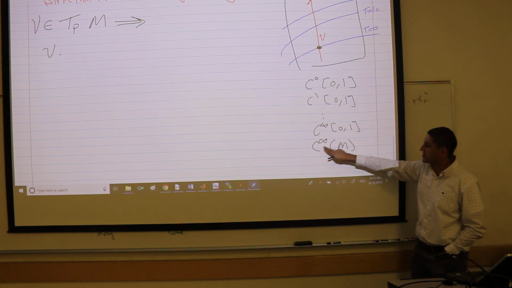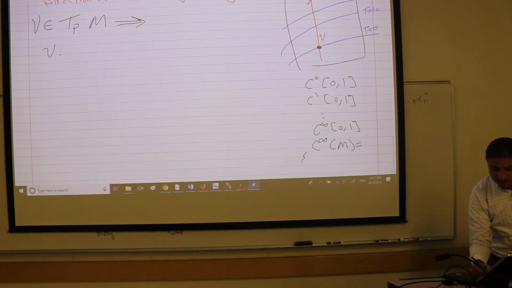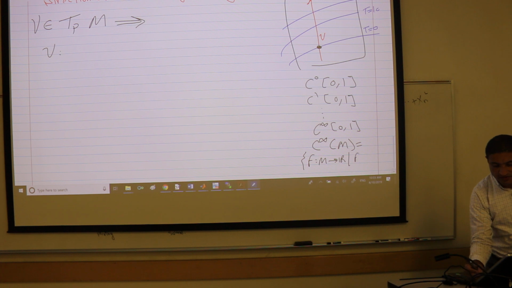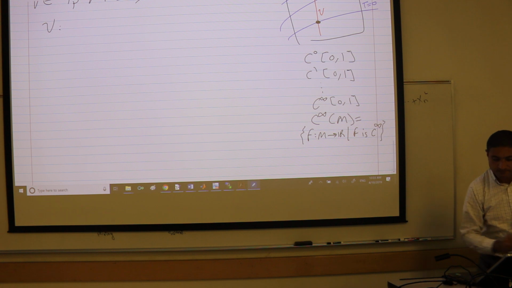Likewise, I can define smooth functions on M. Precisely, this is the set of any f that takes M and gives you a real number such that f is smooth, f is C infinity. So this is on the side.